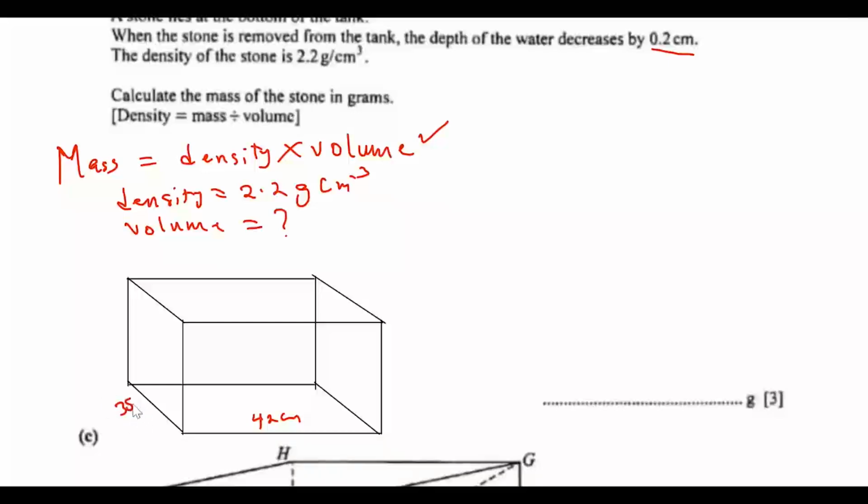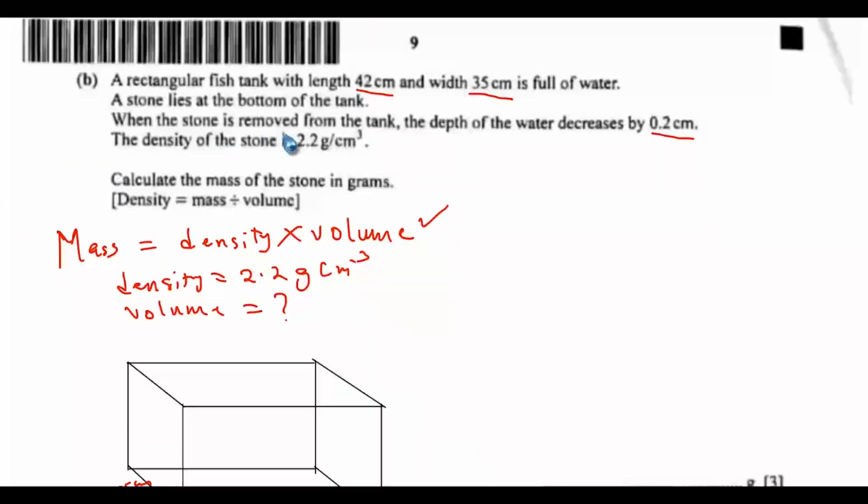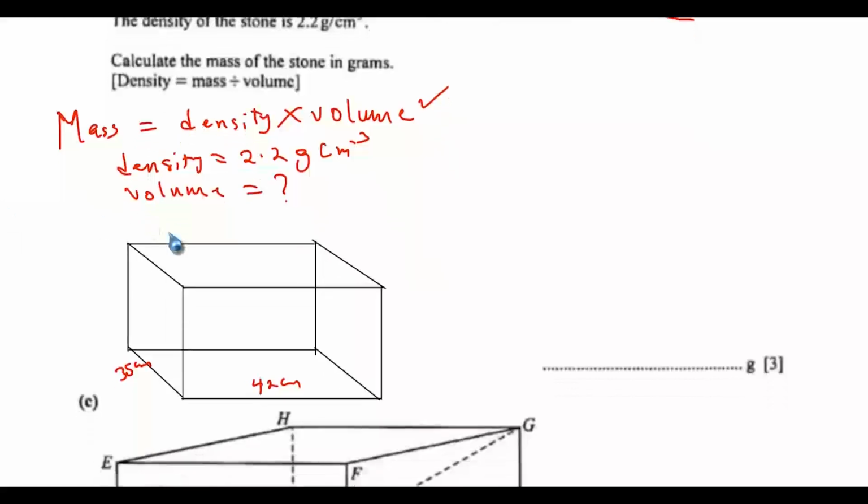Then from the question, when the stone is removed from the tank, the depth of the water decreases by 0.2 centimeters. So before, it was full, up to this point. When it decreases by 0.2, that means from here to somewhere here.